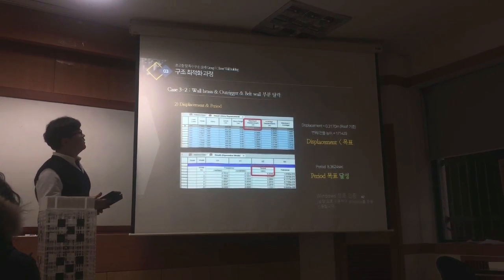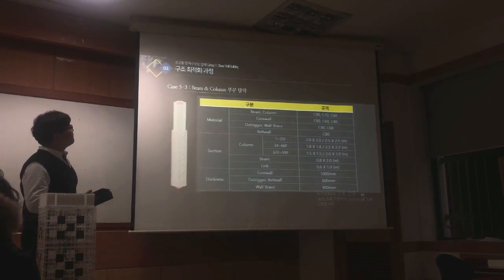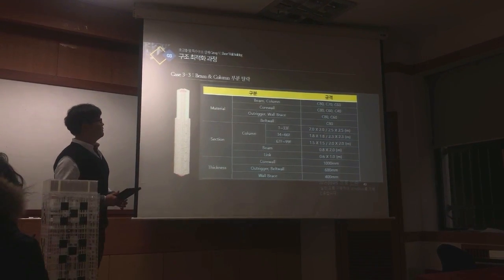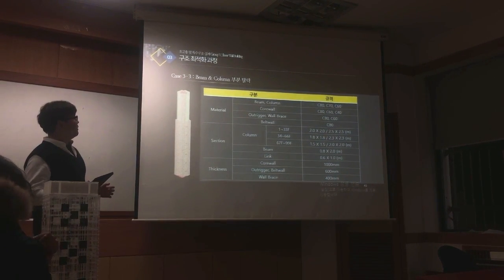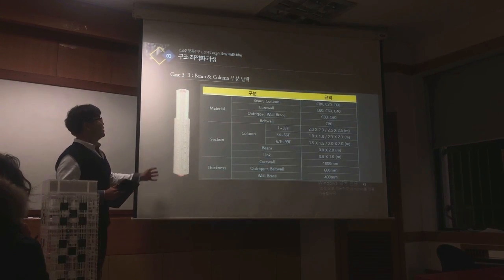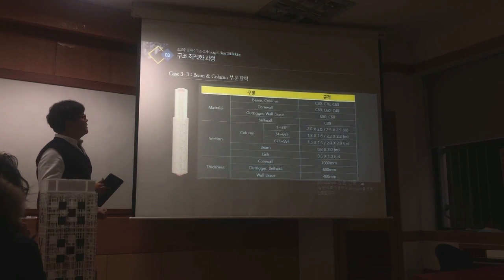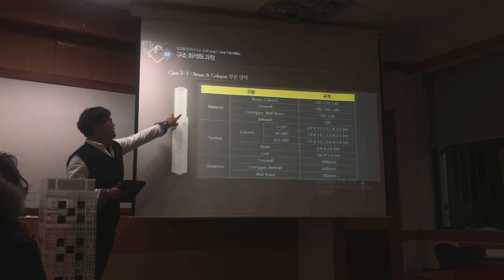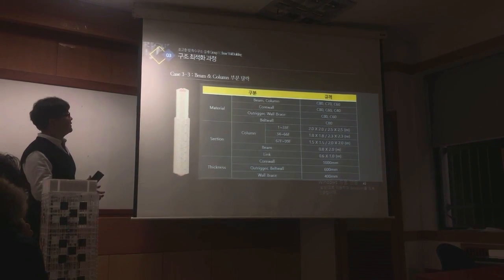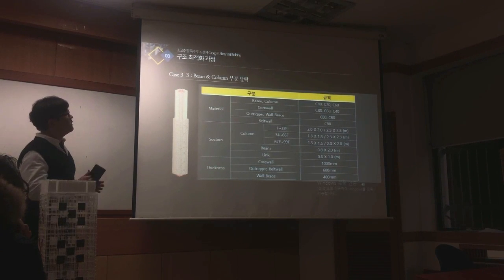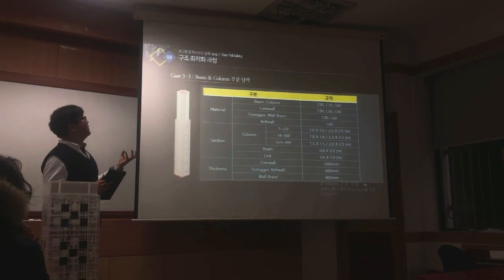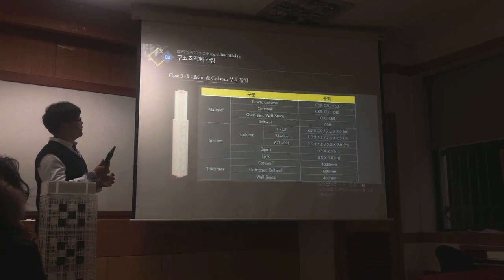So we had to leave out the beam and column. Before, it was just a square type building, and now after level 67 to 99, the size of the scale is reduced.